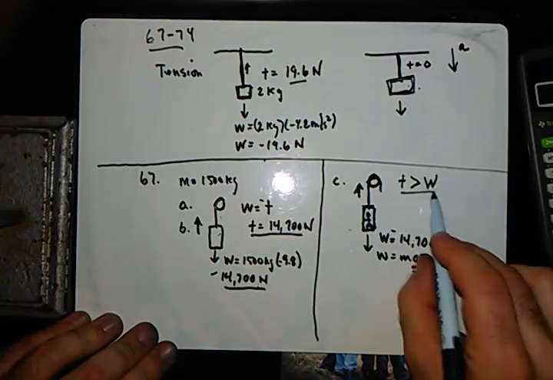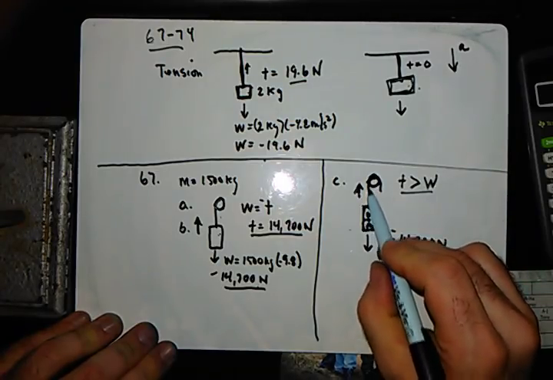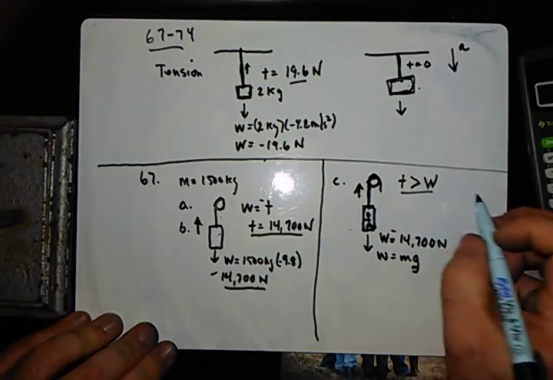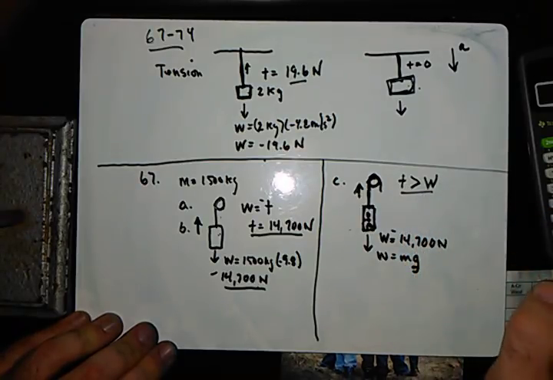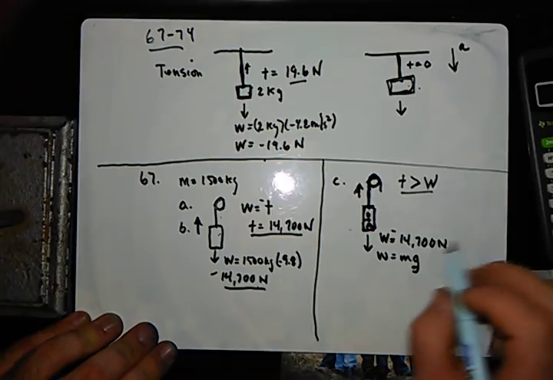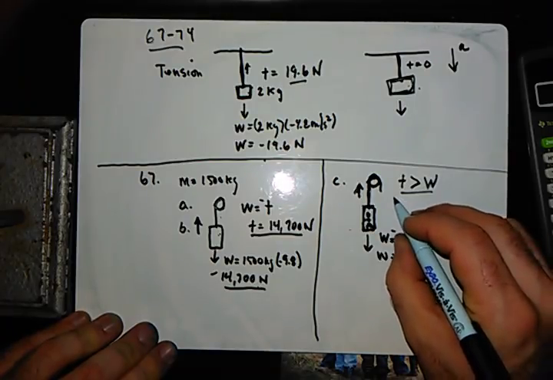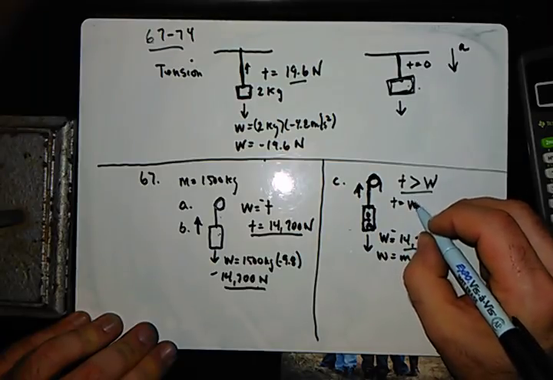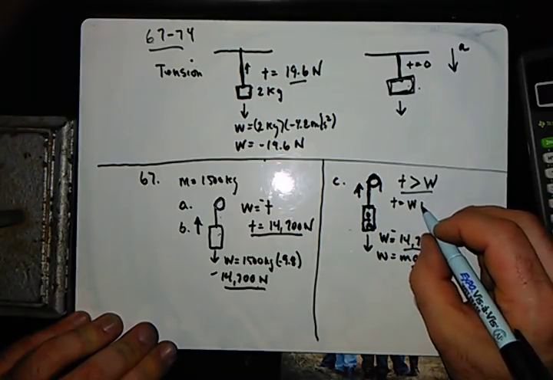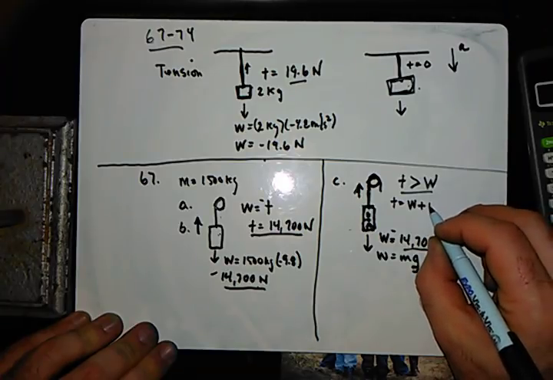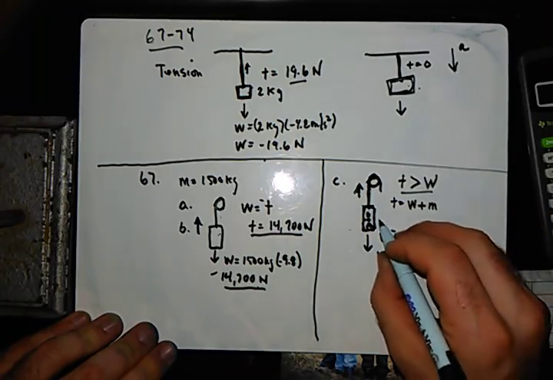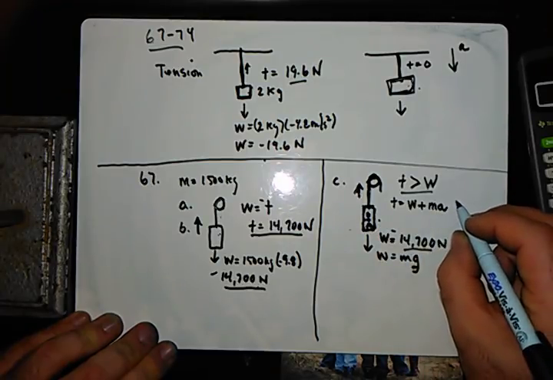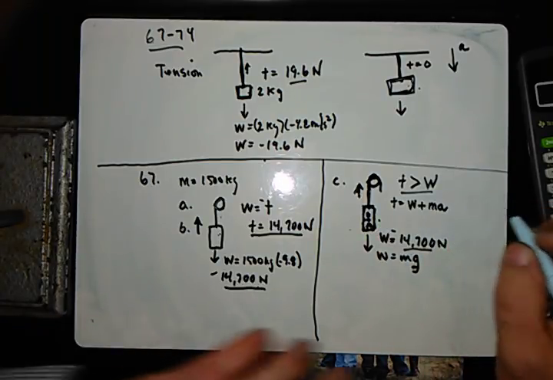We know that, because the tension is the force in this rope or cable. Knowing that the tension is greater than the weight, it's going to be the weight plus the mass times the acceleration in that direction.